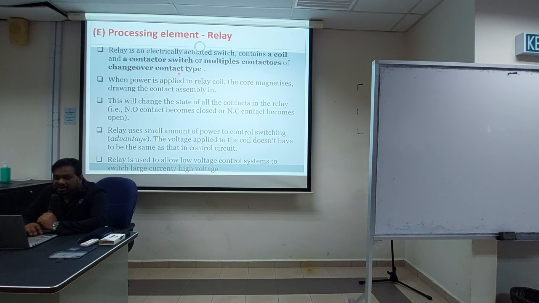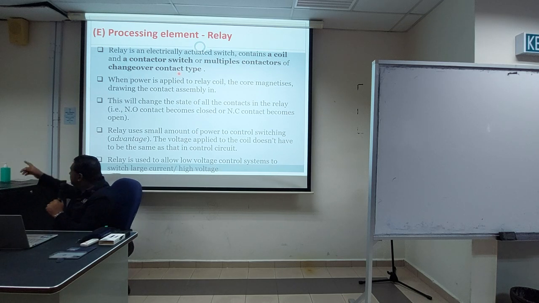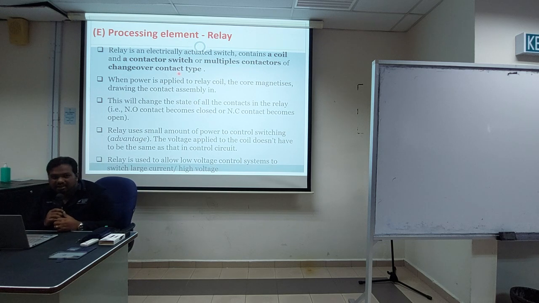A relay is actually similar to a switch. Normally the switch that we can see here is a manual switch, because you need to go and manually turn it on or off. But in a relay, inside you will have a coil. When the coil is energized, it will either turn the switch on or off. That is what we call a relay.